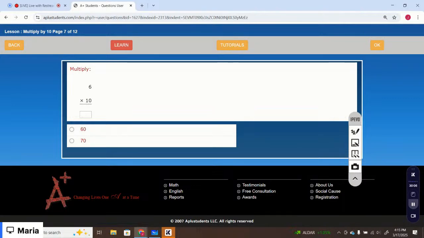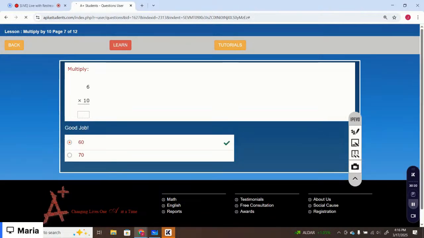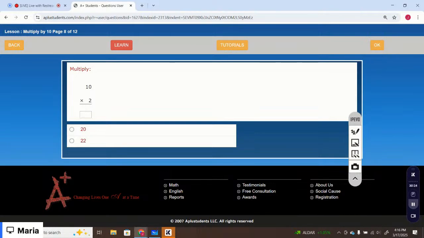Six times 10 equals 60. Option number 1 is the correct option. Ten times 2 equals 20.